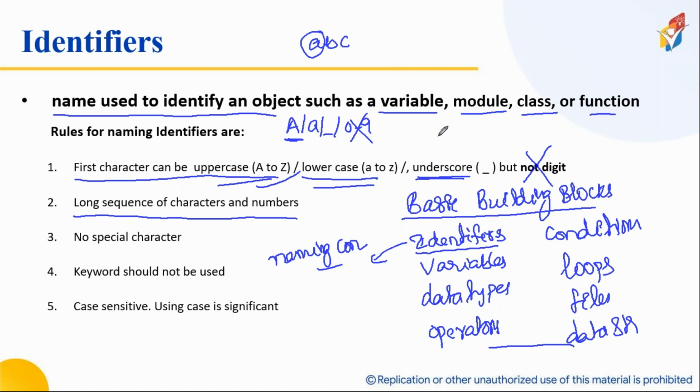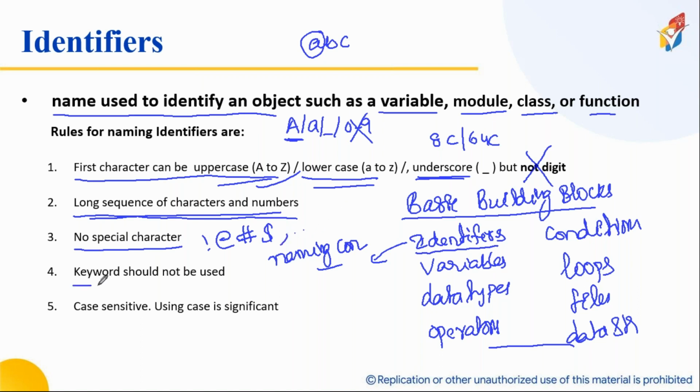In Windows, we can take 8 characters. In Linux, we can take up to 64 characters. Whereas in Python, you can use any long sequence of characters to provide a name. Third, you cannot use special characters like exclamatory mark, ampersand, hash, dollar, comma, full stop, and so on.